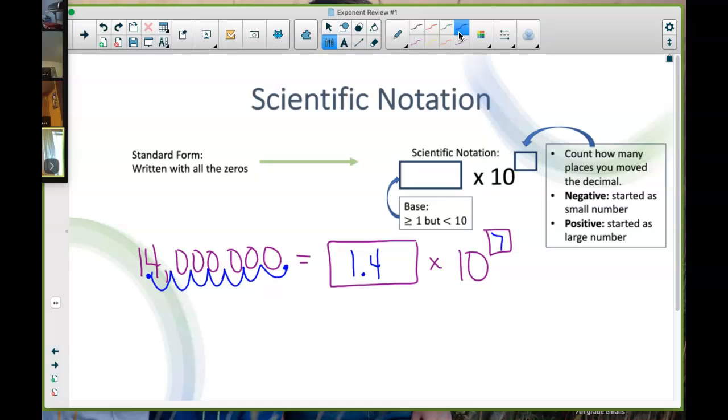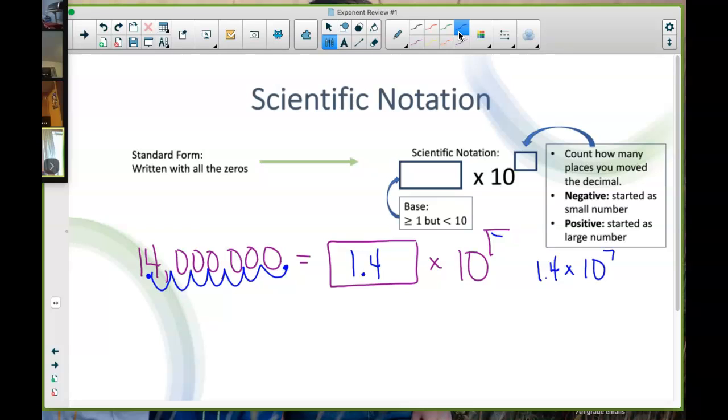It's negative if we started as a small number. It's positive if you started as a big number. So this would be 1.4 times 10 to the 7th power in scientific notation.